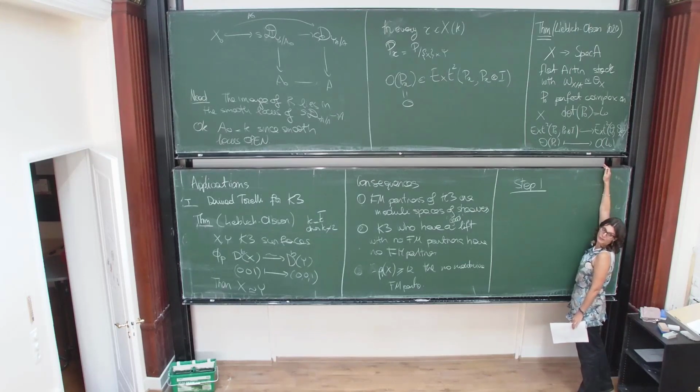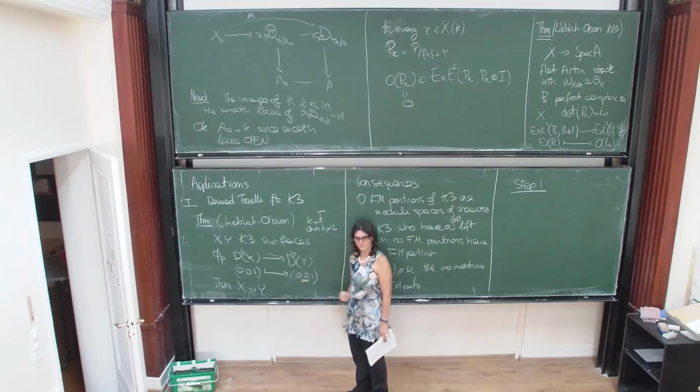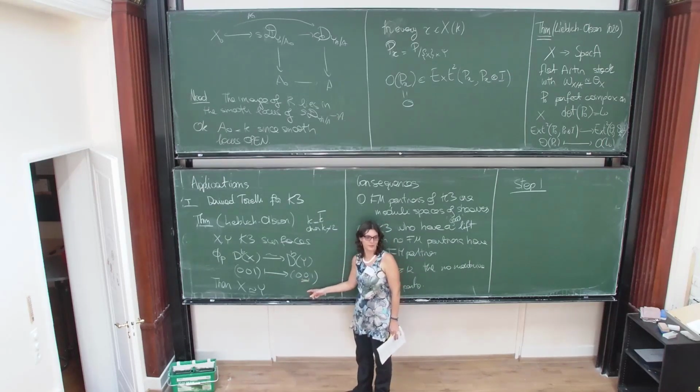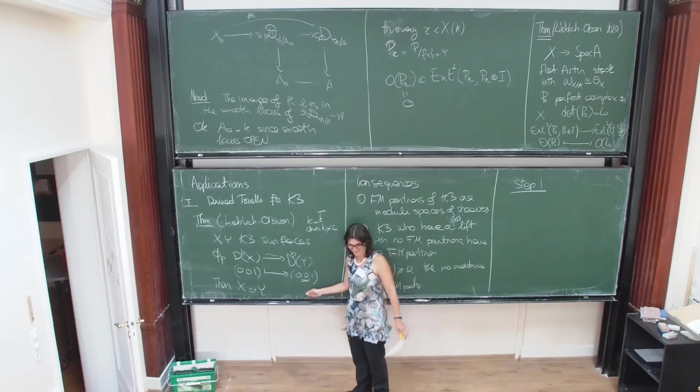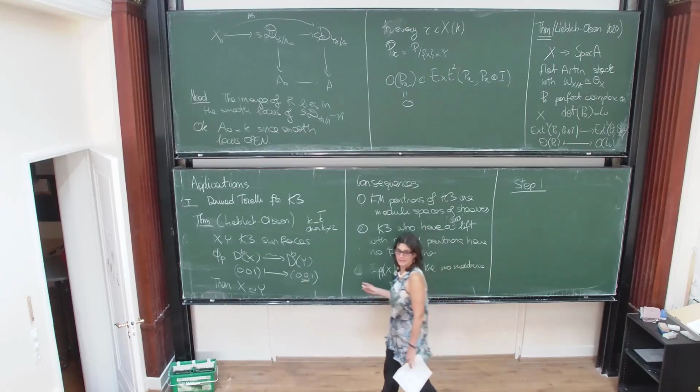Of course, the bad news is that on K3 you cannot lift all line bundles, so you have to be careful, but the obstruction to lift the perfect complex here vanishes. So the one is to reduce to characteristic zero, right? Characteristic zero, yes, is known.